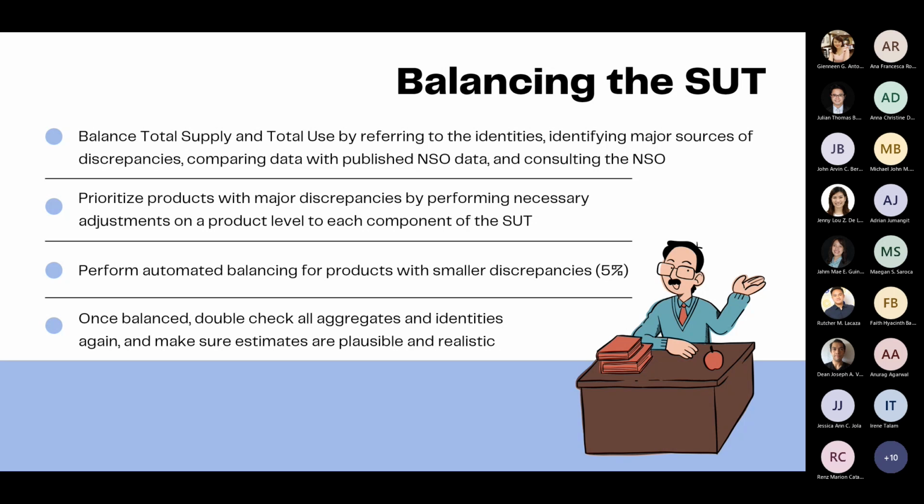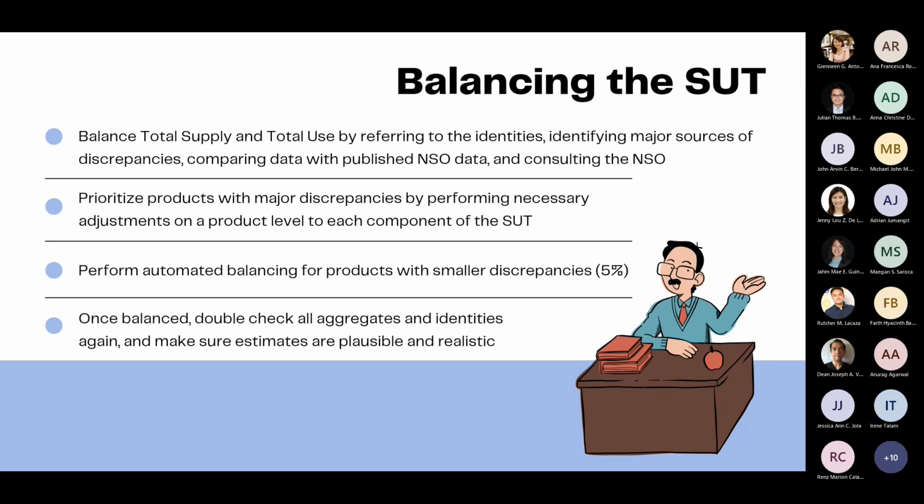You can also review trade and transport margins. So see if there are some imbalances that can be offset or allocated by adjusting your margins, of course guided by data and consultations with the NSO. You can also double check with the NSO if there is any updated information on product outputs, perhaps on the balance of payments for imports and exports. For non-market output, that will concern your government general consumption expenditure and NPISH.